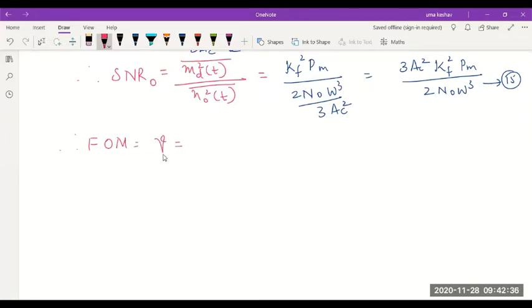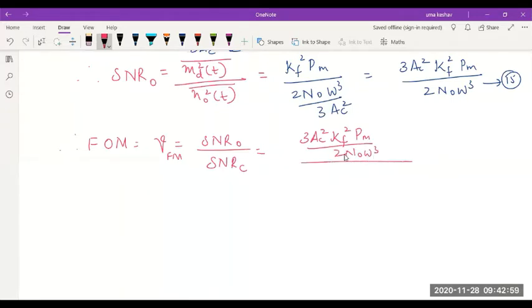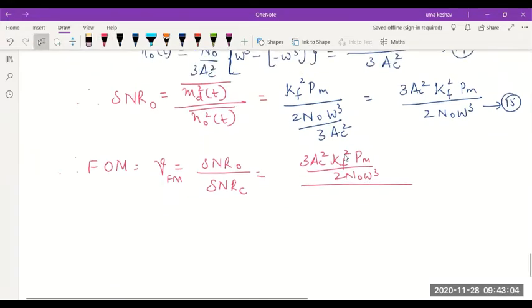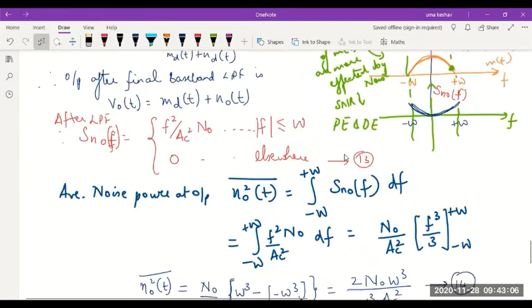Figure of merit of the FM receiver is obtained as SNRO divided by SNRC or SNRI, whatever you want you can call. What did we get as SNRI? Can somebody check out and tell me, if you have written down. What was the value of SNRI? First thing we did that.